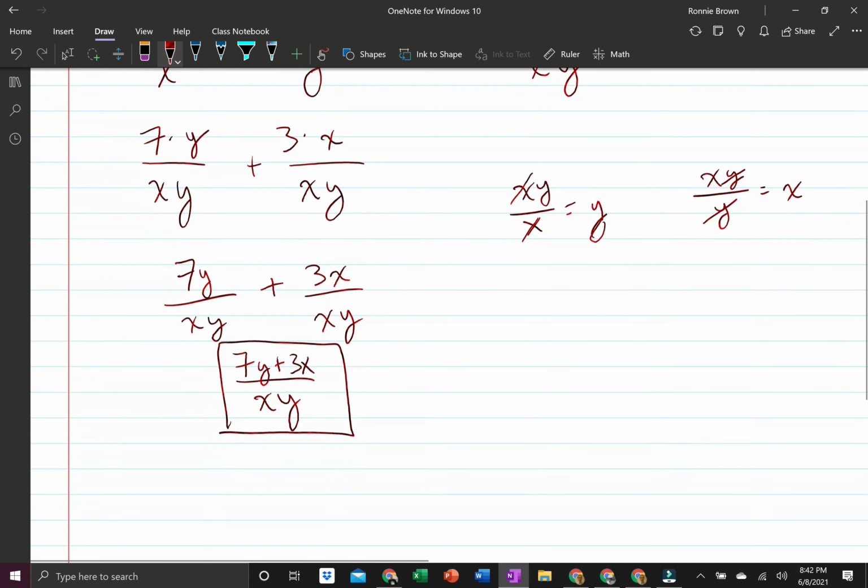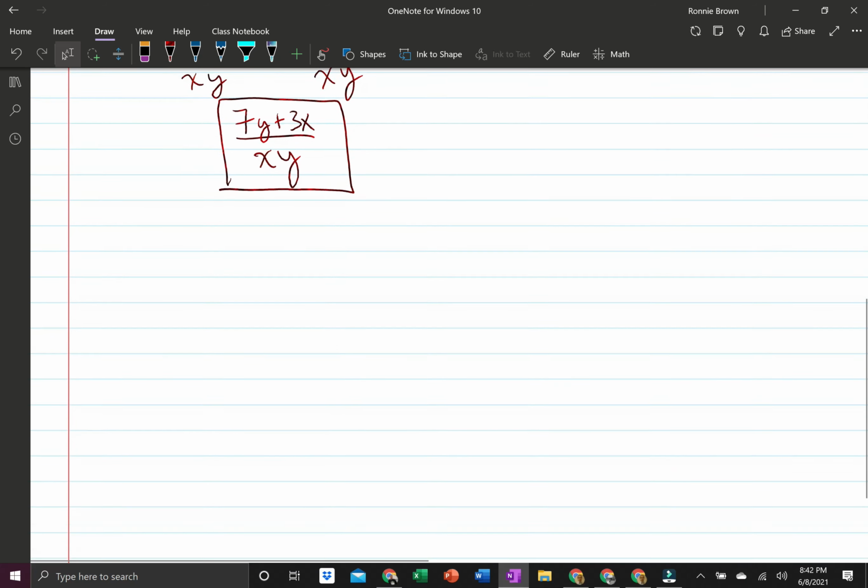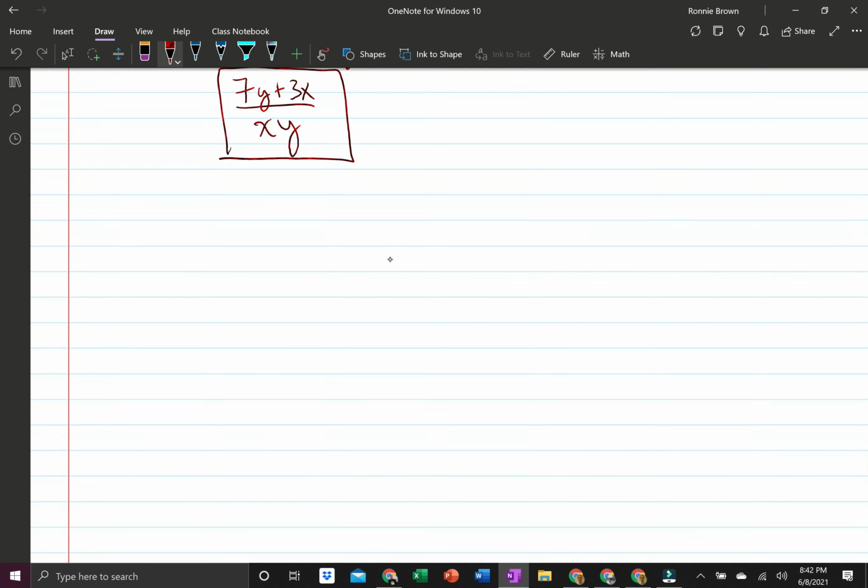Alright, let's give another one a try. Let's say we have our example that says 5 over 4x squared y plus 3 over 14xy to the third. Plainly we see that the denominators are different, so we need to find an LCD.